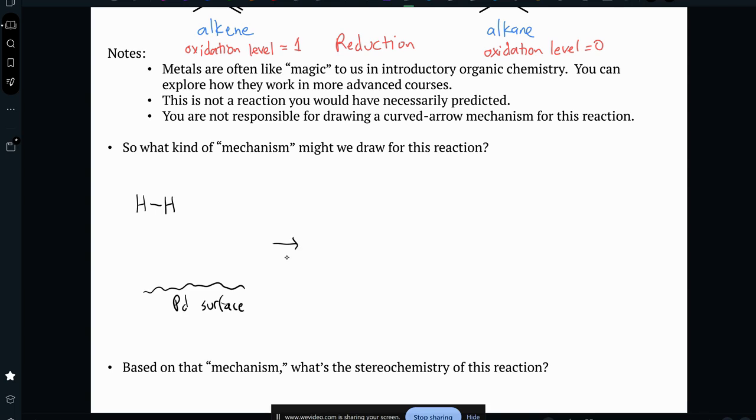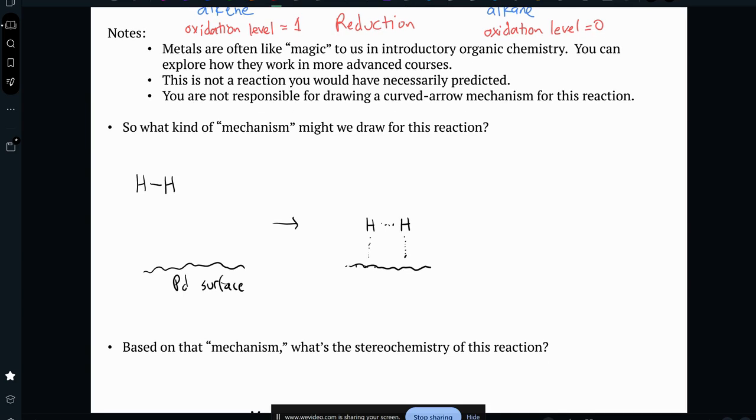It will float down to the surface, and it will connect itself to that surface where those two hydrogen atoms are held to the surface, and the bond between them gets weaker. So I'm going to draw it with a dotted line here.